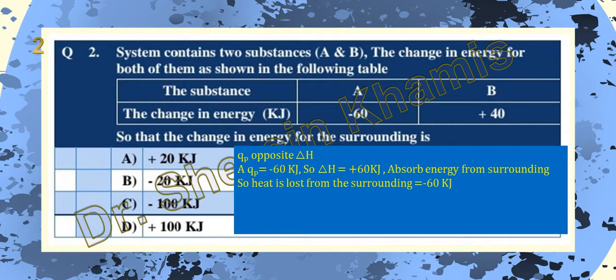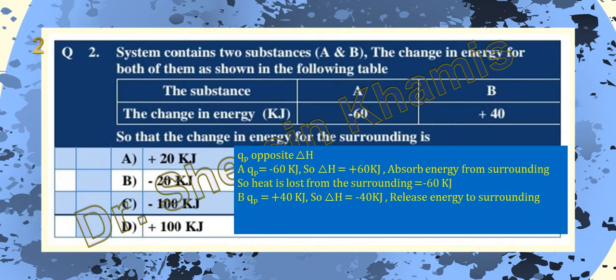For substance B, Q equals plus 40, so delta H, the heat content, will be negative 40 kilojoule. So it releases energy to the surrounding. What do you think about this?